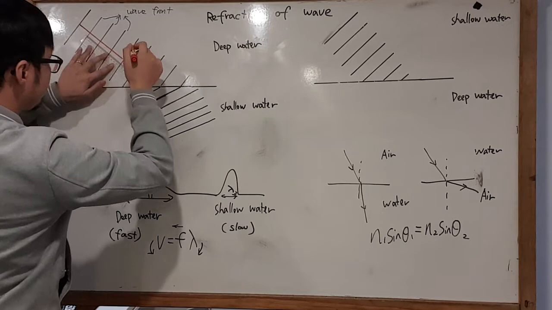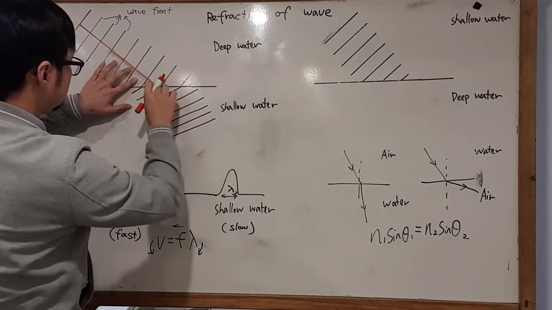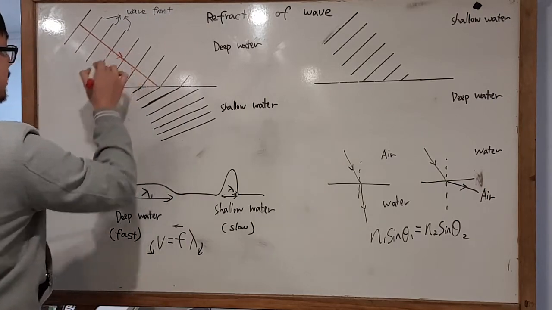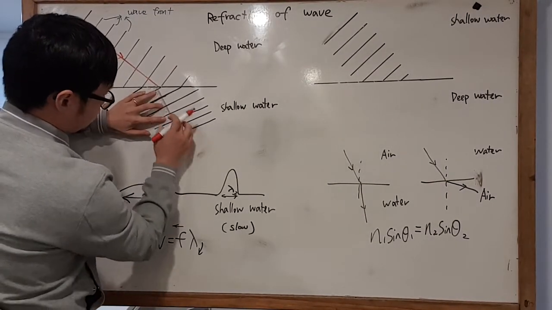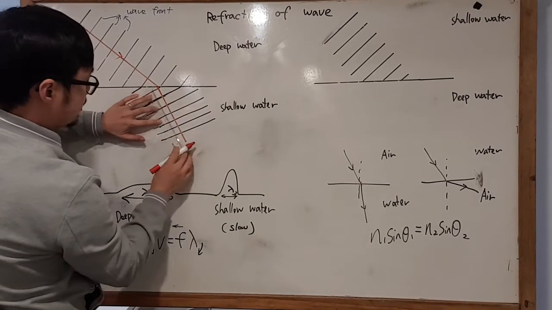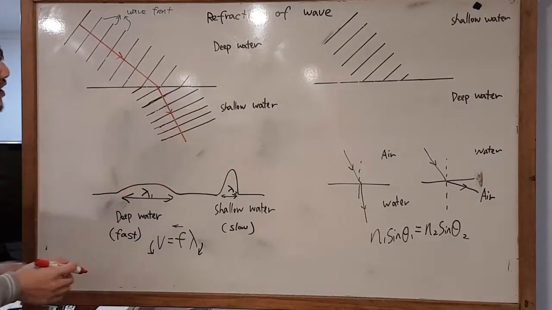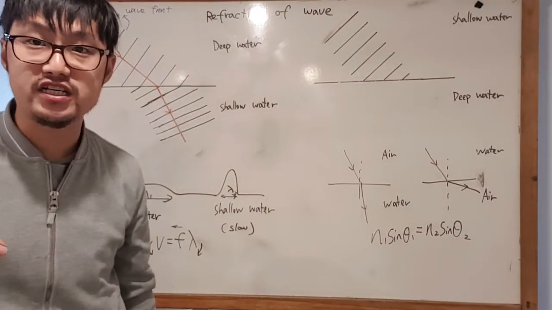Say this is the direction the wave was traveling. Now you can see, because of this slowdown, the wavefront has changed direction, and then the wave has changed direction.